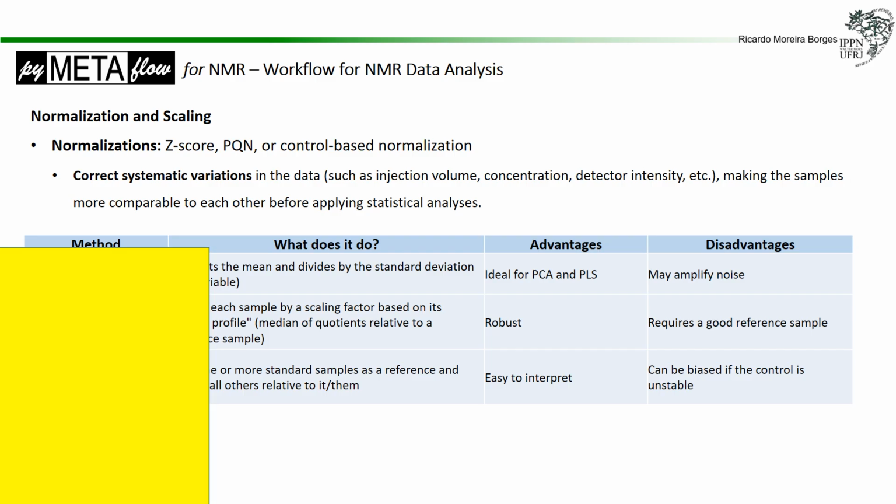So z-score would subtract the mean and divide by the standard deviation, right? Per variable. PQN adjusts each sample by a scaling factor based on its typical profile, that would be calculated by the median of quotients relative to a reference sample.